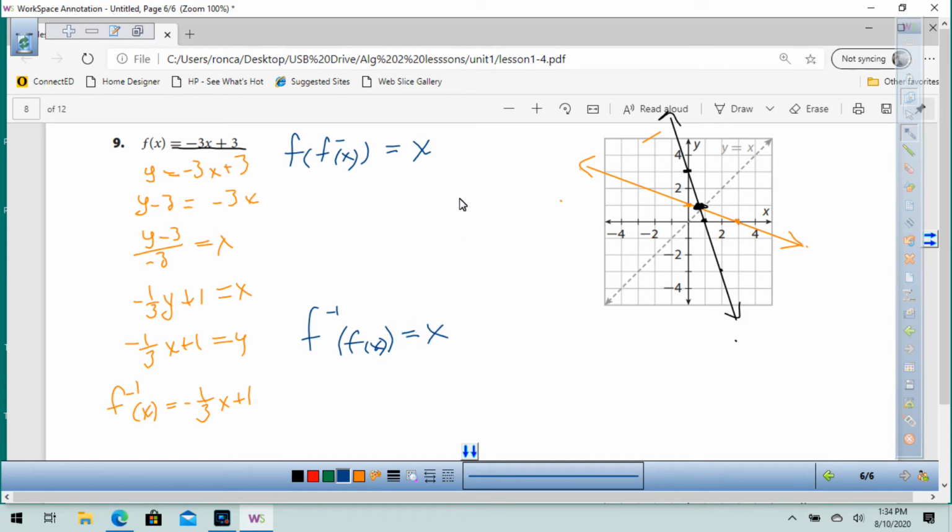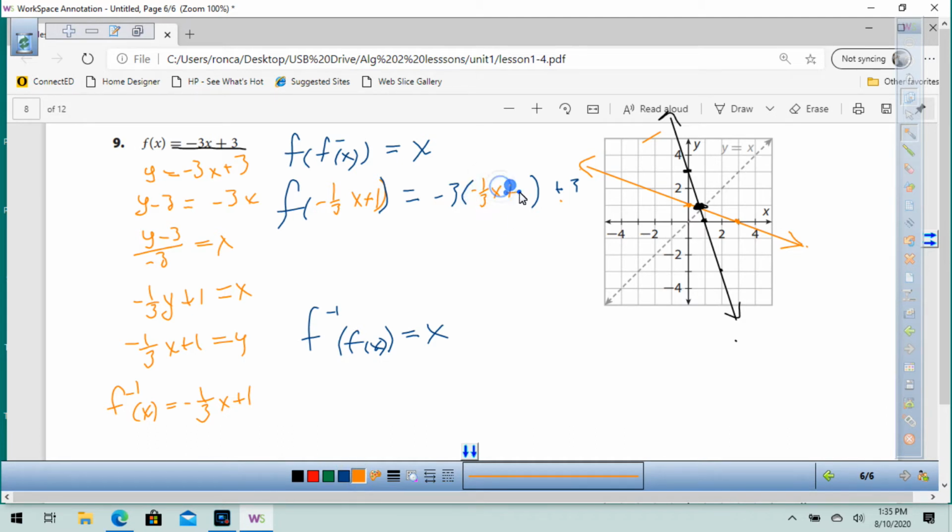Let me show you how that works. So you have f of, and what's the inverse of f of x? That is negative 1/3 x plus 1. So it equals negative 3 times, and then plus 3, and you put this inverse in there.